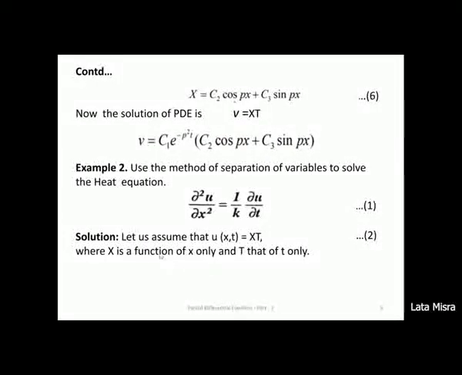Here the dependent variable is u and the independent variables are x and t. So we consider the solution as u equals capital X capital T, where capital X is a function of small x and capital T is a function of small t only.